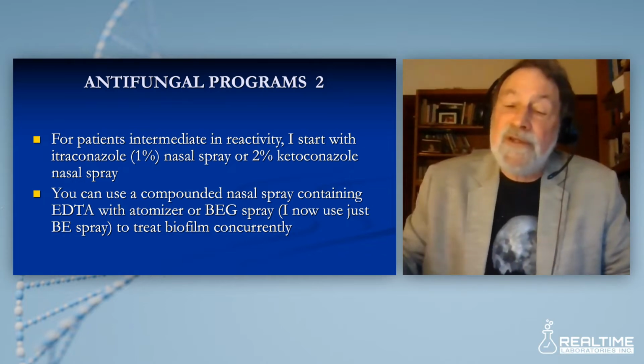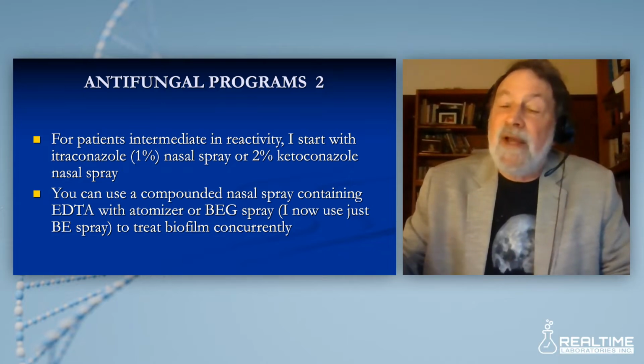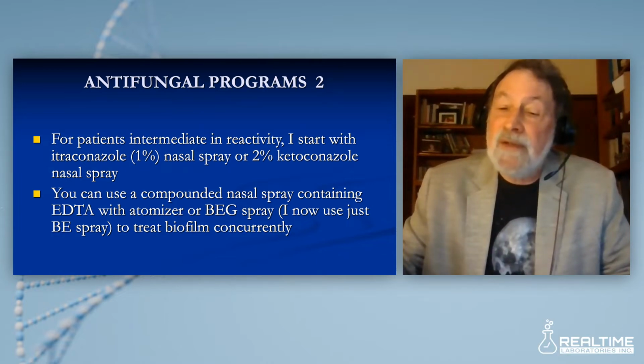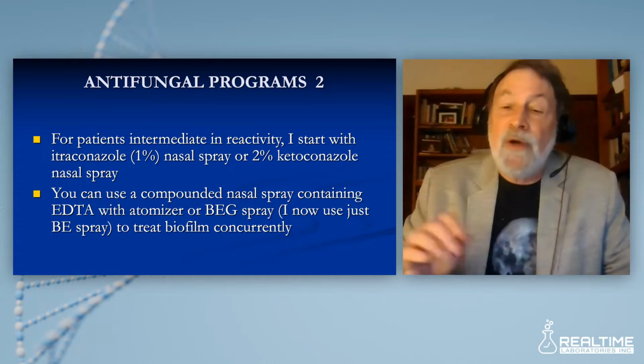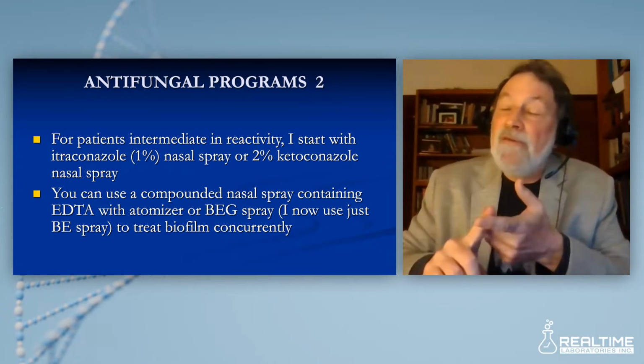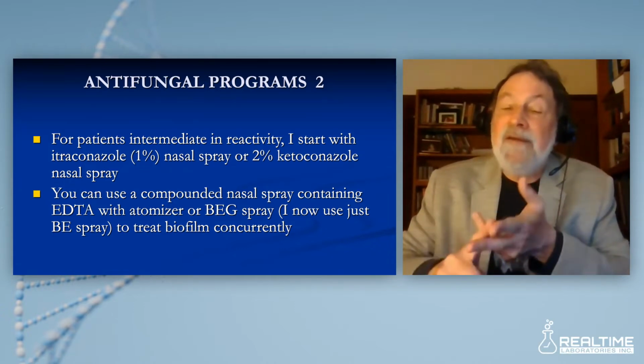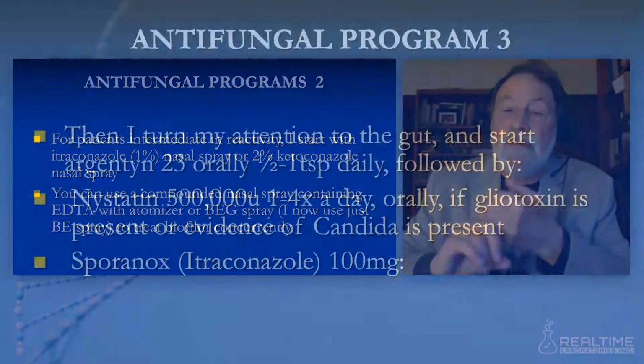In the last few years, I've taken the G out. I only use BE spray because I have found that the gentamicin predisposes to bacterial resistance, not fungal resistance, and has had some systemic effects in a few patients. So we wanted a biofilm dissolving agent, we want an antifungal, and colloidal silver.